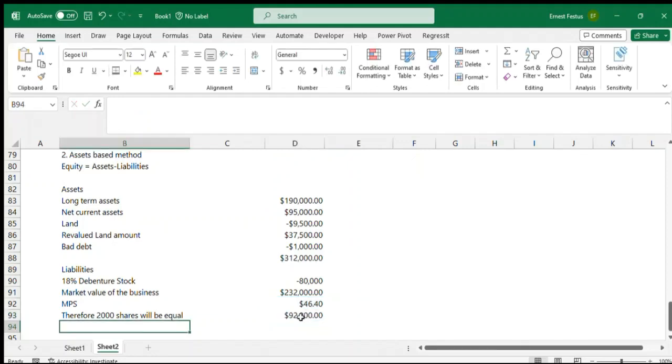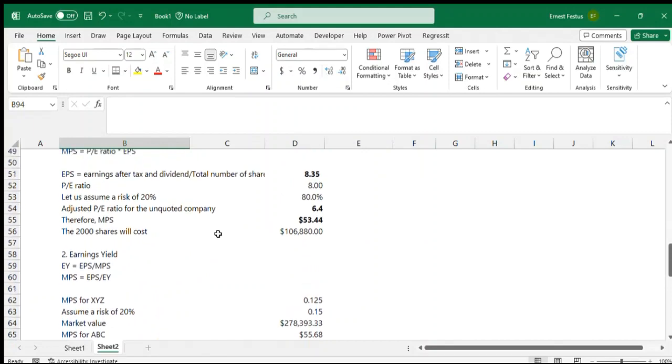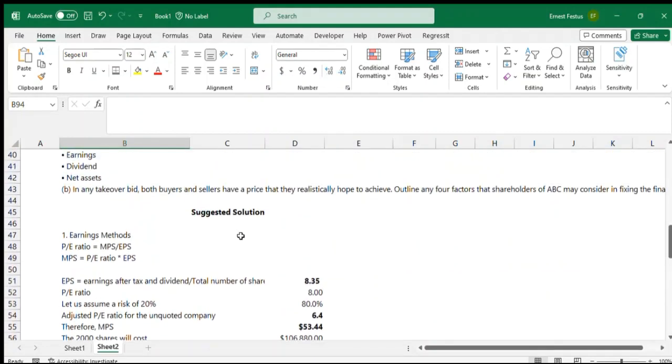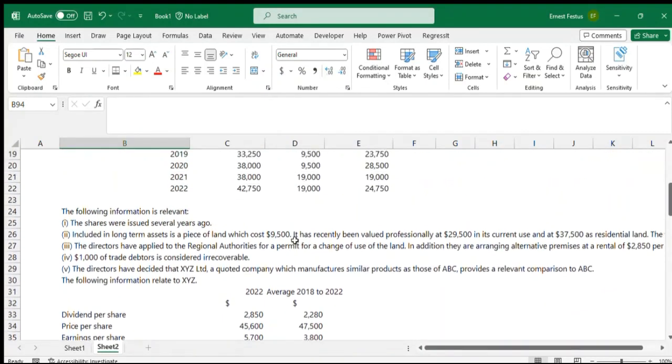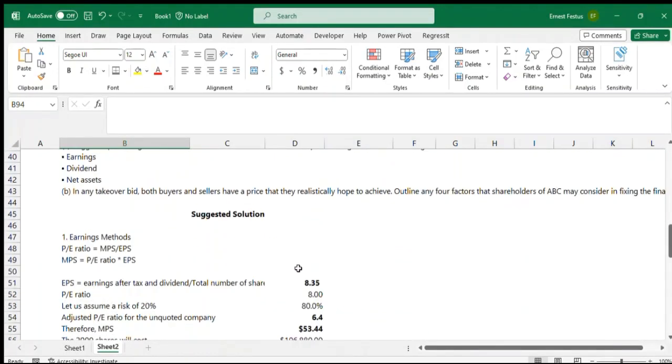So that is 92,800. Alright, so this is how we calculate for our various valuation methods. Okay, so that is it.